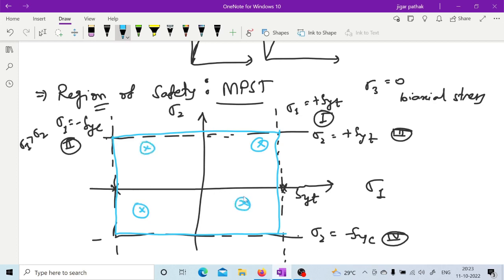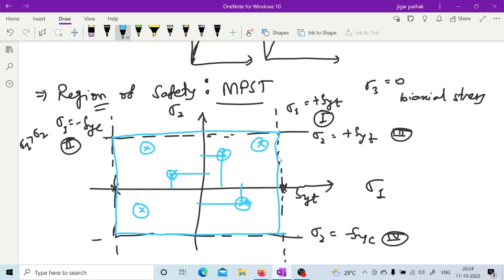It means at any point, whether sigma 1 has this value and sigma 2 has this value, or sigma 2 has this value and sigma 1 has this value, it is fine. Anywhere in this envelope it is not going to fail. In this region, both sigma 1 and sigma 2 are less than their ultimate strength. Yes, definitely, then only it will not fail, otherwise it will fail.